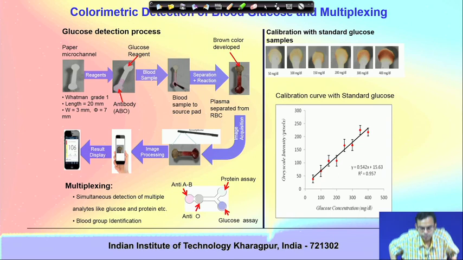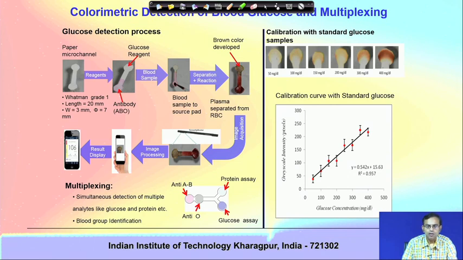Normally, not just in blood glucose detection but in any detection process where the blood plasma is involved, the blood plasma has to be separated from the whole blood and then the analysis of the plasma is done.